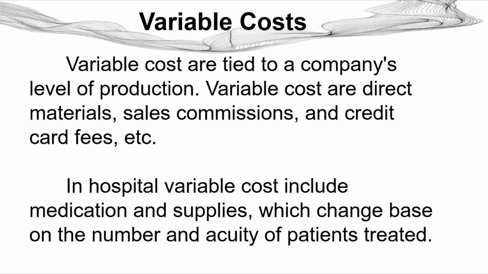While variable costs are tied to a company's level of production. Variable costs are direct materials, sales commissions, credit card fees, etc. Example, in a hospital, variable costs include medication and supplies, which change based on the number and acuity of patients treated.